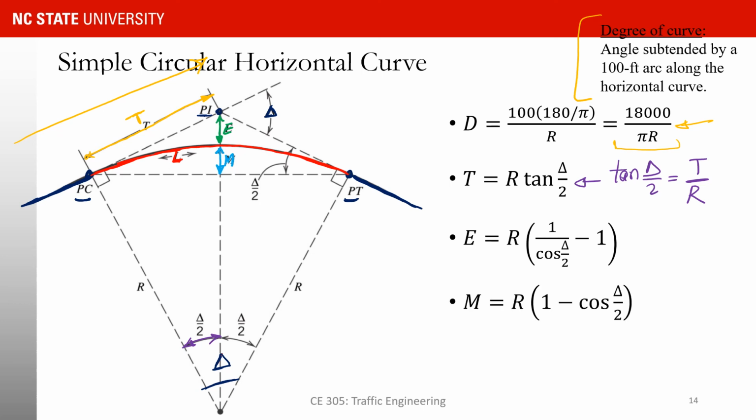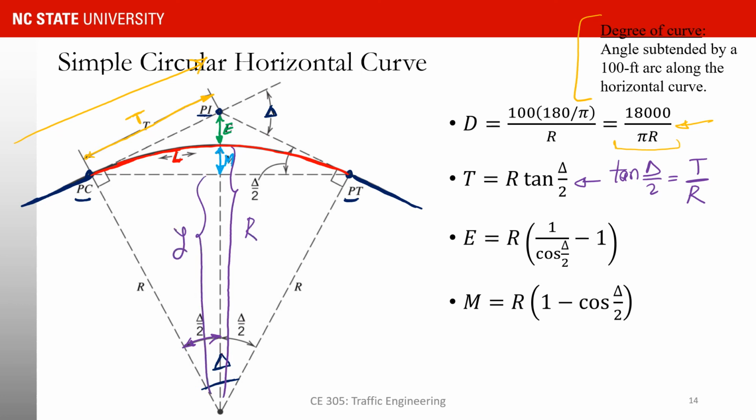Our next equation is M, which is equal to R into 1 minus cosine of delta over 2. So if you just do the same thing, you'll be able to find M. This time you need to know that M is equal to this distance, which is R, minus this distance.